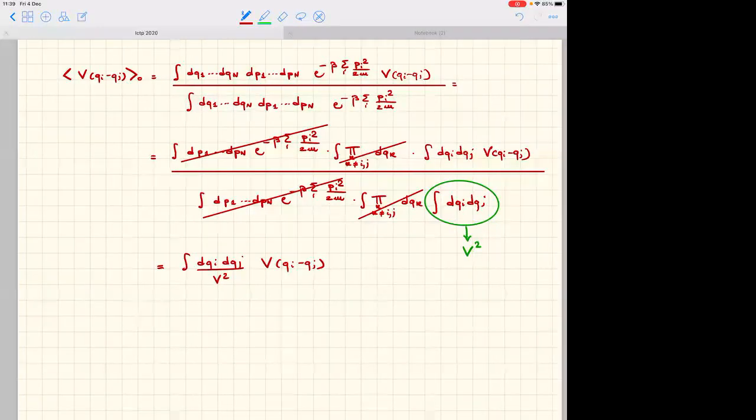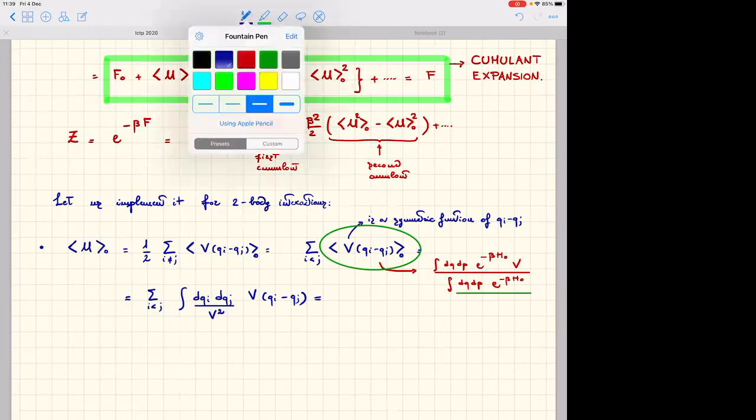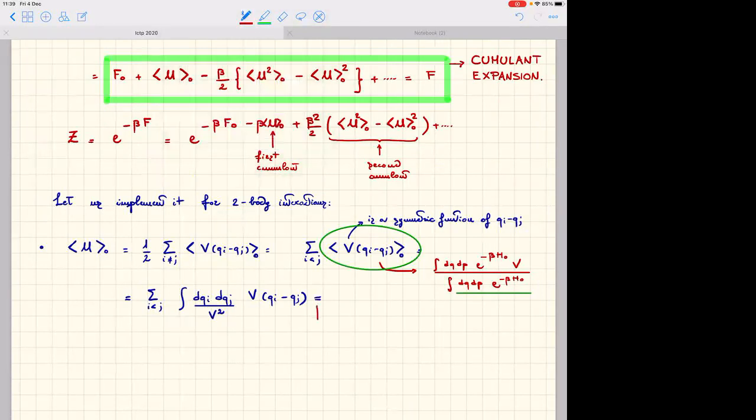Okay, so now that we understand this, we have this sum. I can now change variables here and introduce the two variables little q equal to qi minus qj and big Q equal to qi plus qj divided by 2.